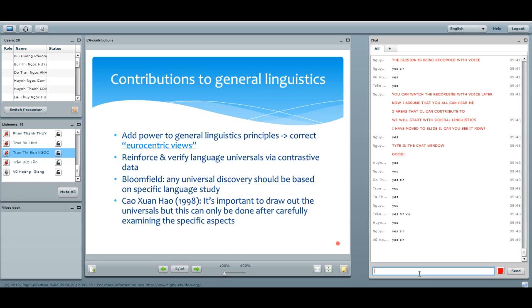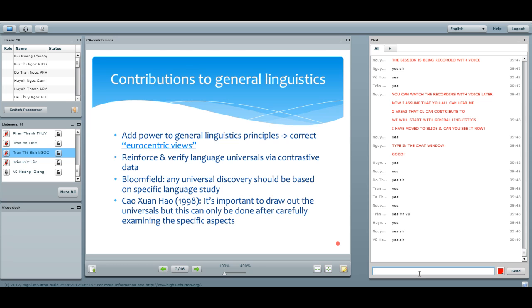Contrastive linguistics has proved the general linguistic principles that we have studied in previous courses are valid, and also the data collected from contrastive linguistic work help people to correct the Eurocentric views when studying non-European languages like Vietnamese.